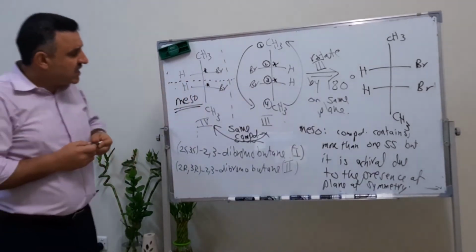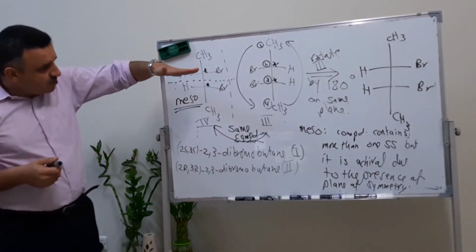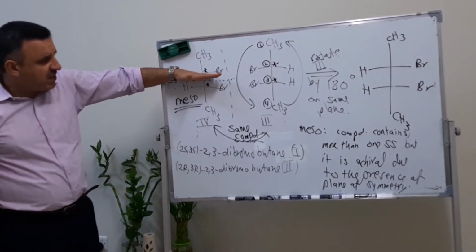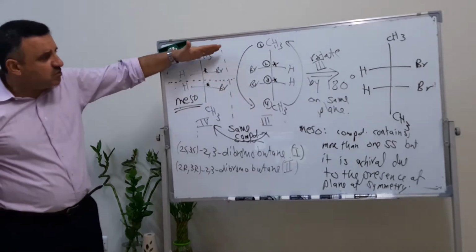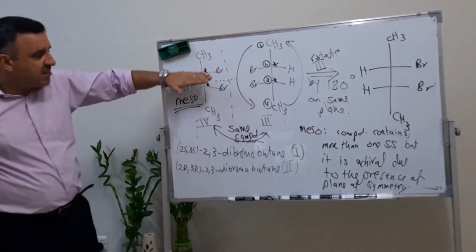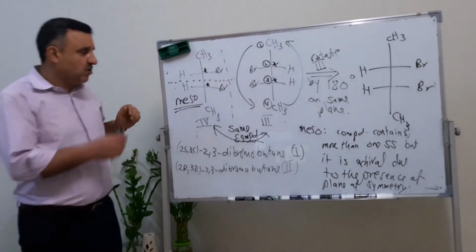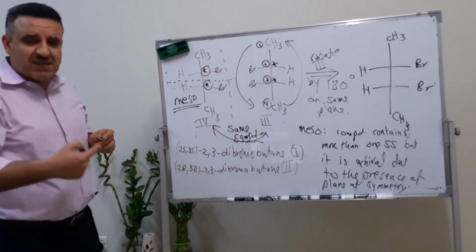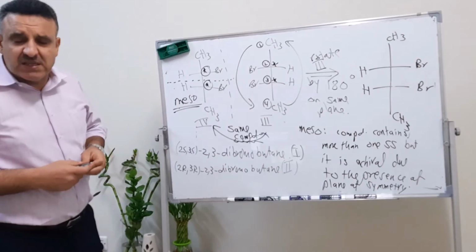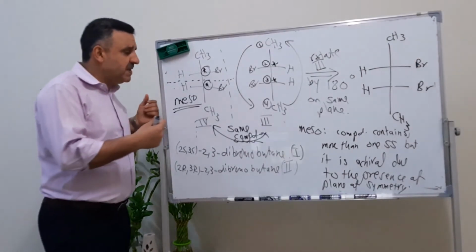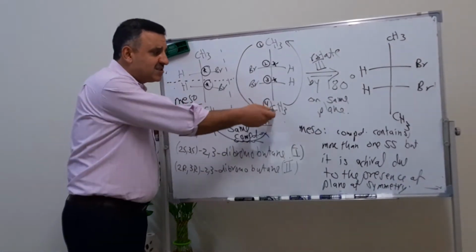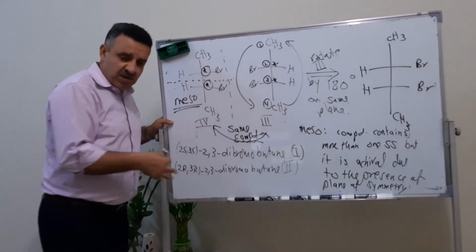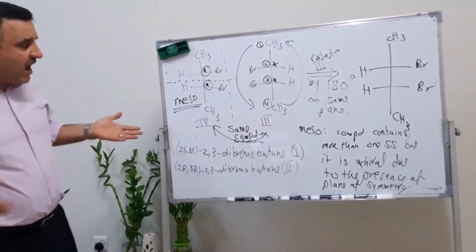You can imagine that if you have a plane here and allow it to pass through the middle of the compound, you will get two identical halves, and therefore this compound, although it contains two stereocenters, is still achiral, which means the object and its mirror image are the same compound. So they are not isomers.